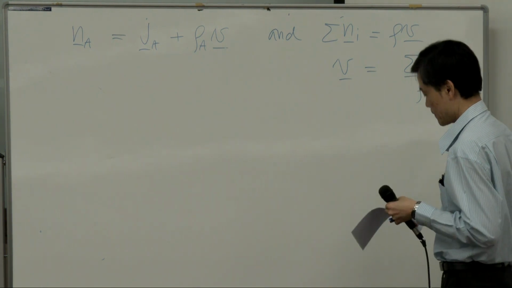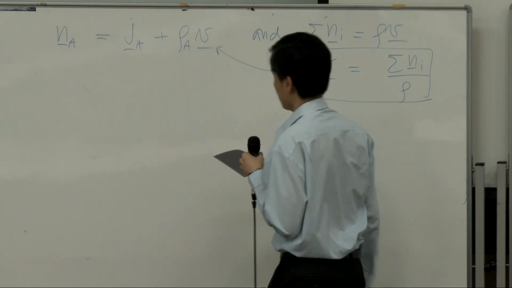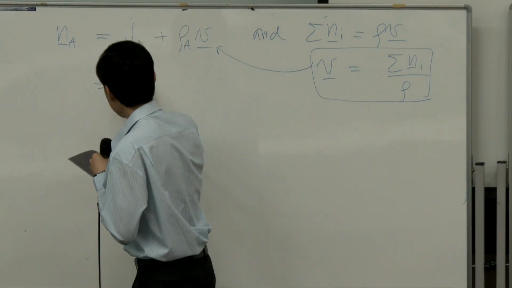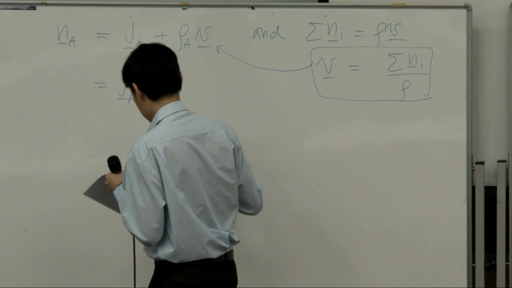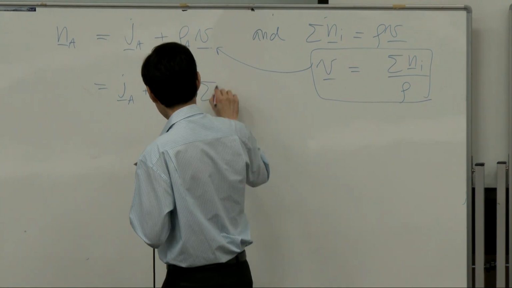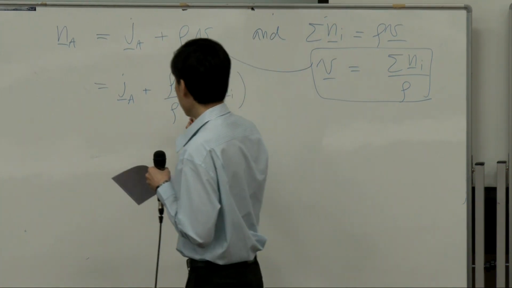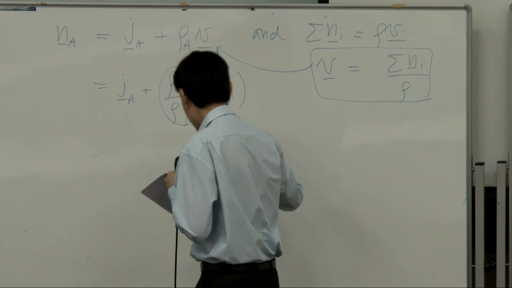Okay? If I take this here, I will get JA plus rho A divided by rho times summation of Ni. This would be omega A.